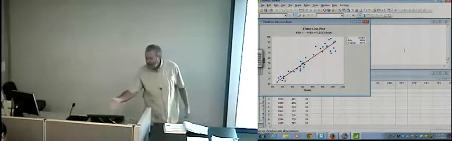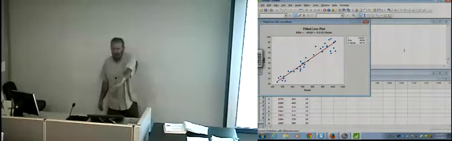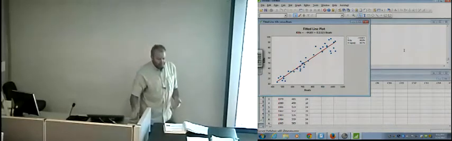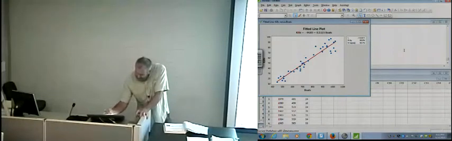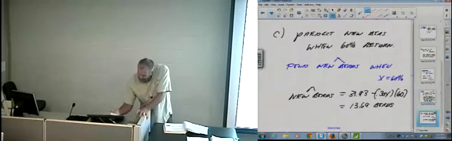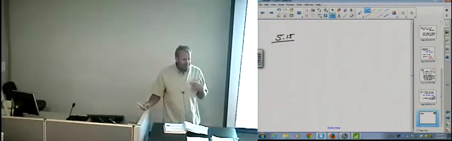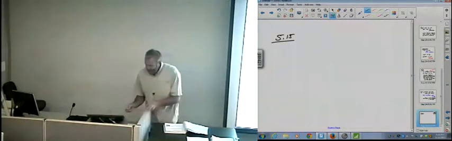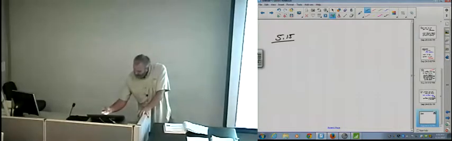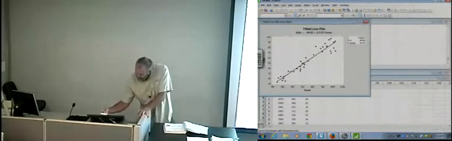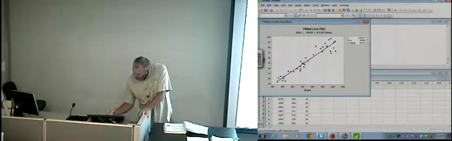They give me the equation of the line in the fitted line plot. It's right there at the top. I guess we could think about this as being problem 515, my version of it. Okay. My regression line looks like kills is equal to minus 44.83 plus 0.1323 times, and that must be the number of boats.